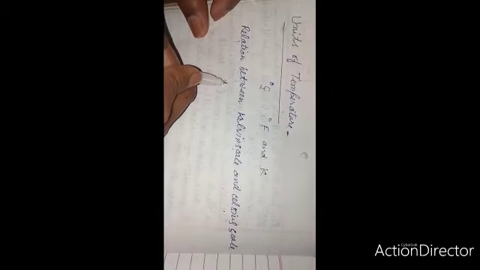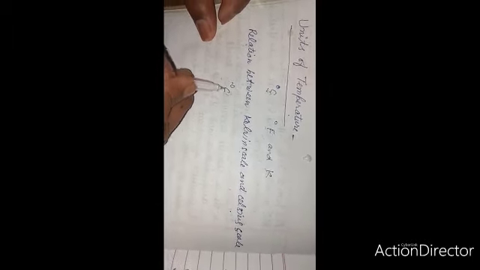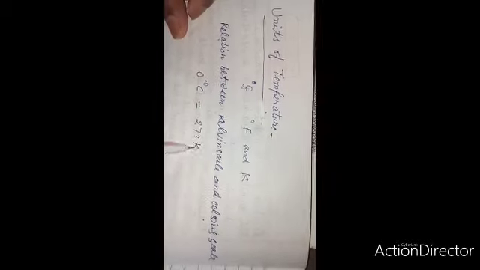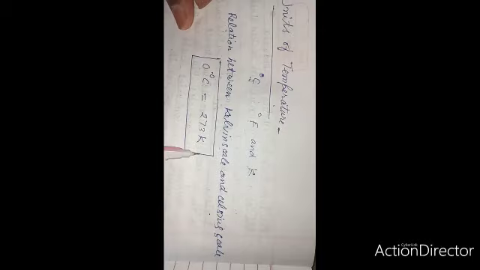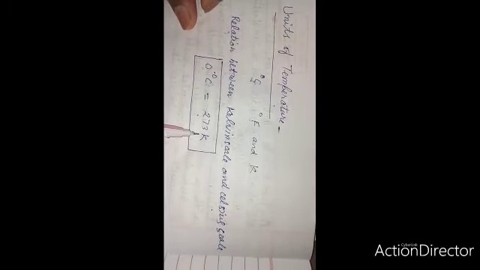Let us see the relationship between the Kelvin scale and Celsius scale. The relationship is: 0 degree Celsius is equal to 273 Kelvin.